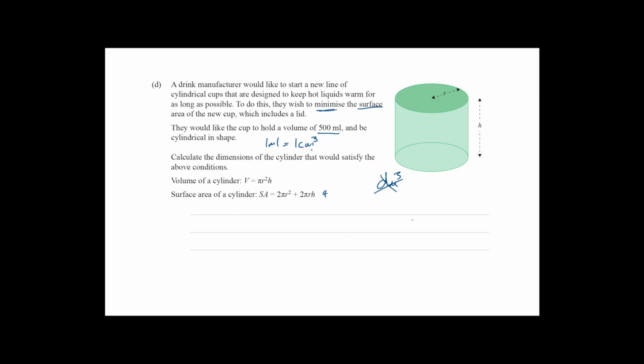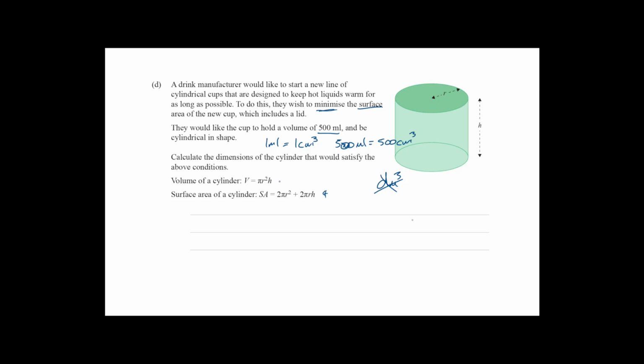But 1 mil is 1 cubic centimeter, therefore 500 mils is going to be equal to 500 centimeters cubed. So now H and R are going to be in centimeters. That's the unit.